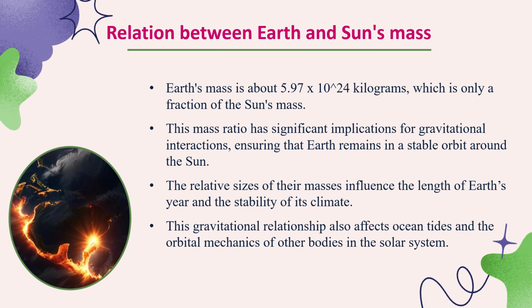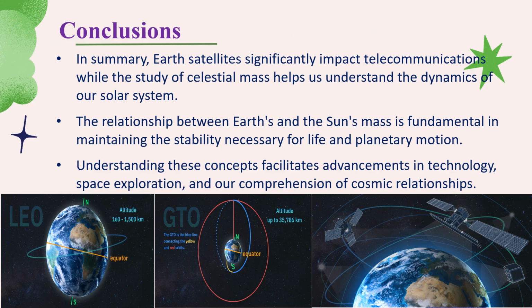The Sun's gravity controls Earth's movement, isn't it? The Earth orbits the Sun due to the Sun's stronger gravitational pull. Without the Sun's mass and gravity, the Earth would drift away into space, isn't it? So these are the simple relations between Earth and Sun.